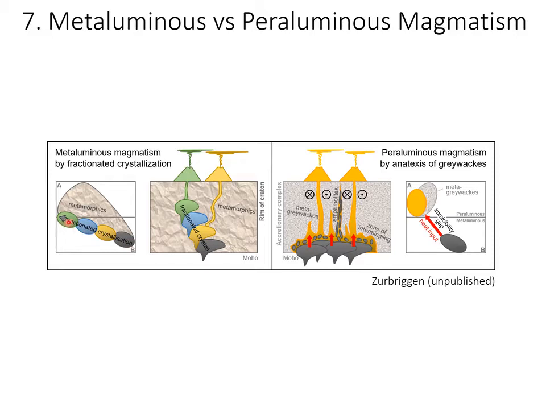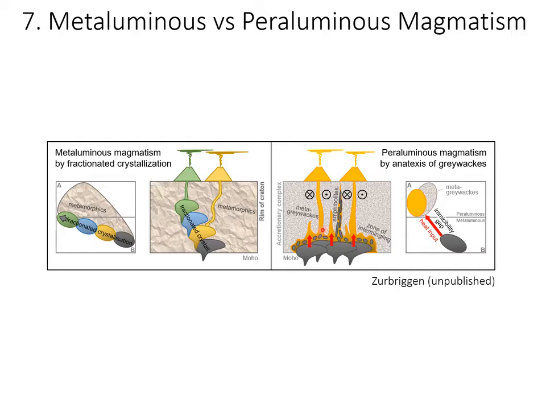But if the primary basalts hit the base of accreted greywacke of a super large subduction-accretion complex, then the greywacke starts to melt, which is symbolized by these orange colors here.